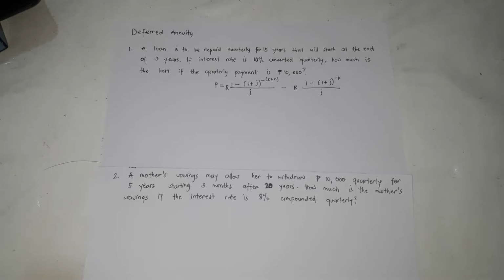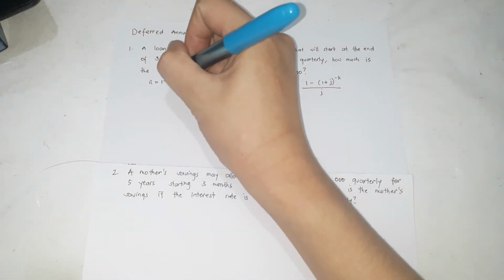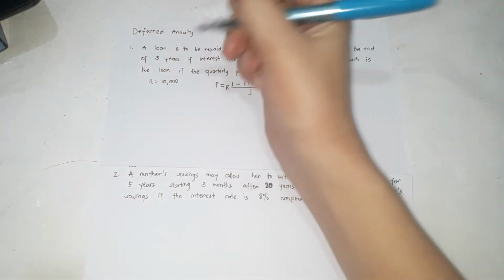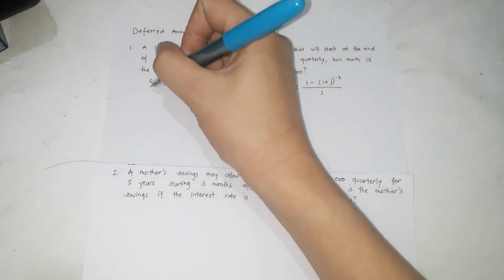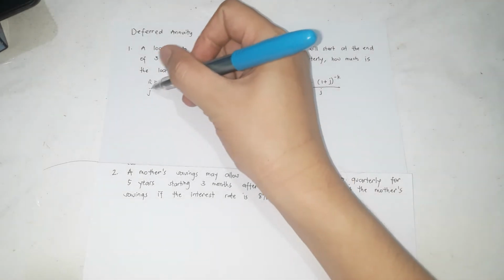If the interest rate is 10% converted quarterly, how much is the loan if the quarterly payment is 10,000 pesos? To solve for this, we know that R is the equal payment, so that's 10,000. Next, we're going to look for J.